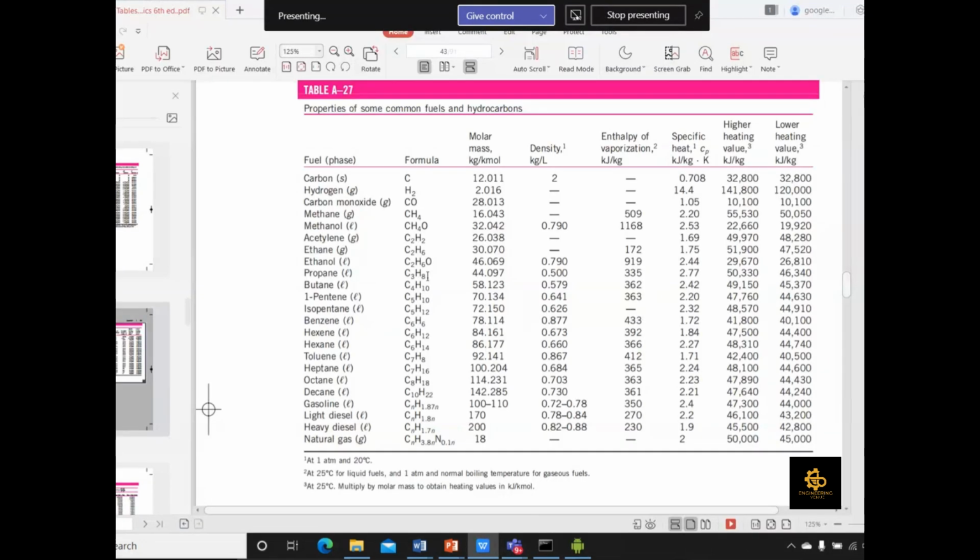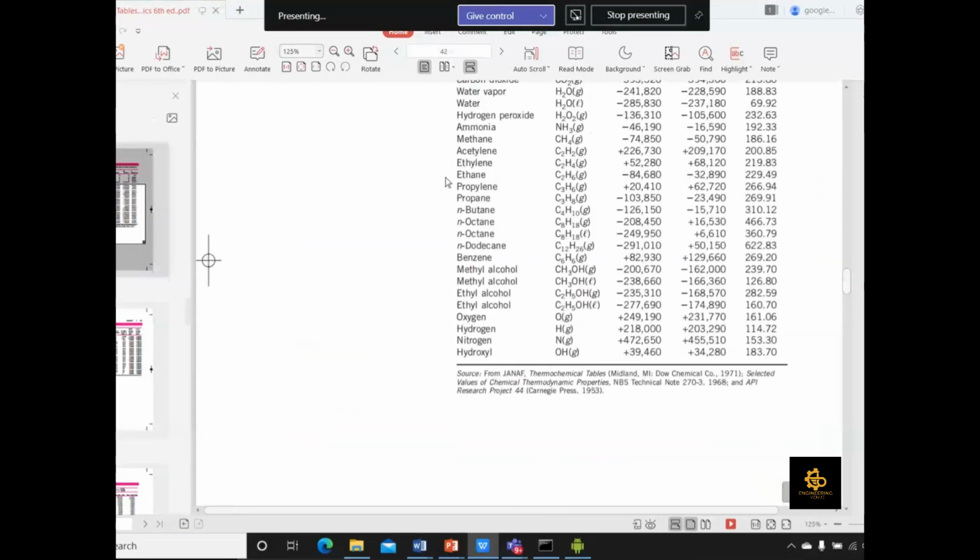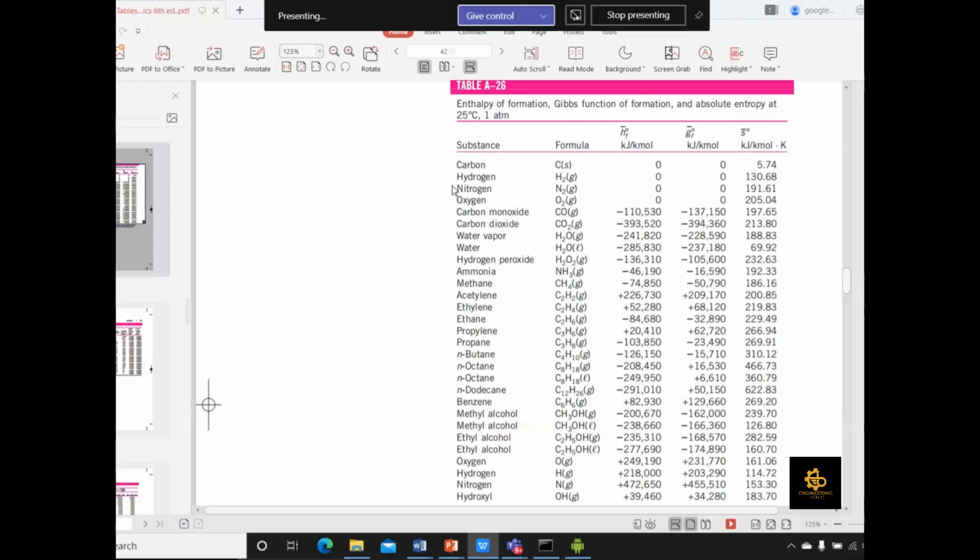For CO2, the value mentioned here is minus 393,520, which is the enthalpy of formation.